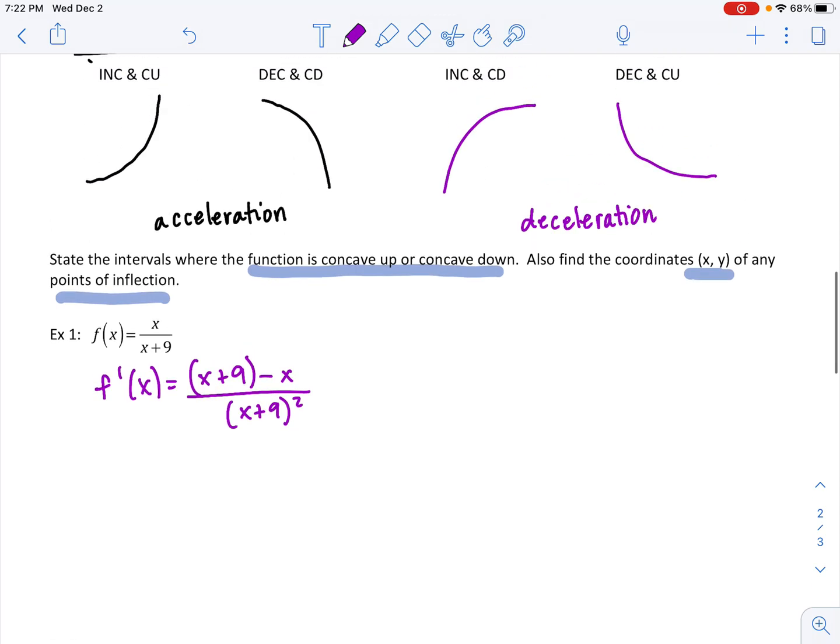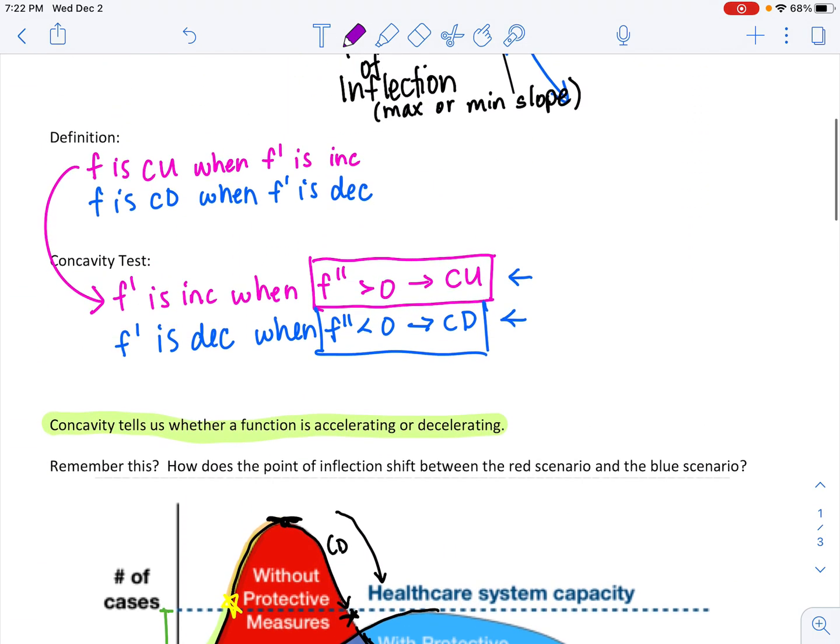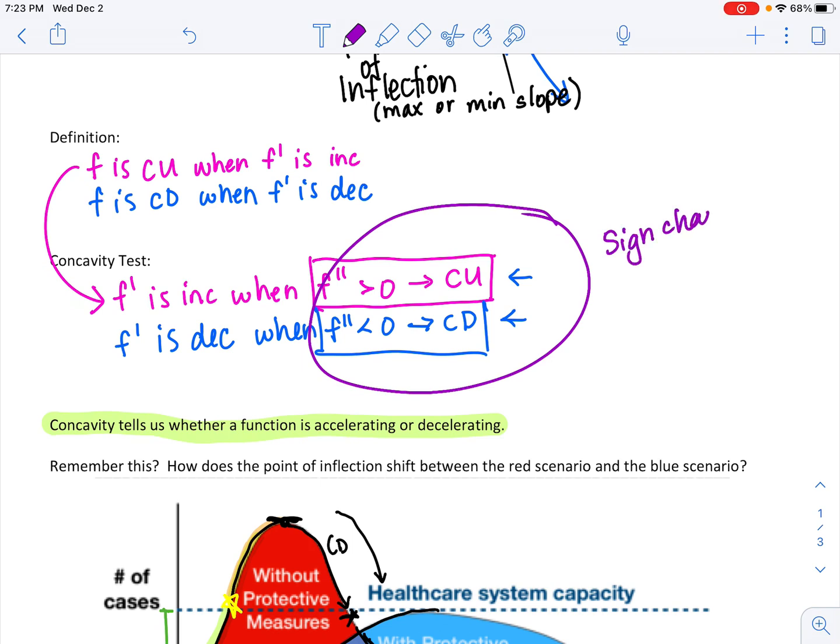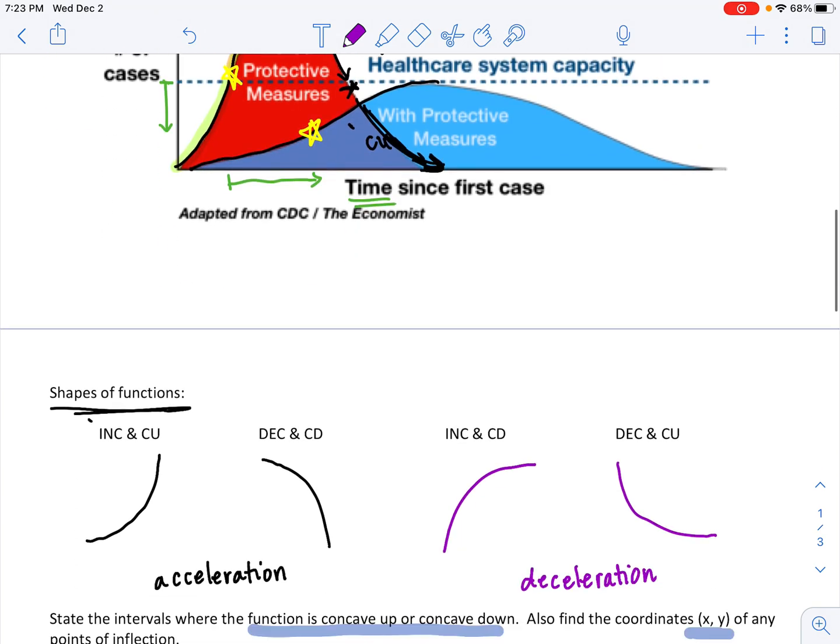And since I'm working with concavity, I'm trying to figure out where the second derivative has a certain sign. So I'm going to make a sign chart for the second derivative. And that will tell me where the concave up or concave down-ness is happening.